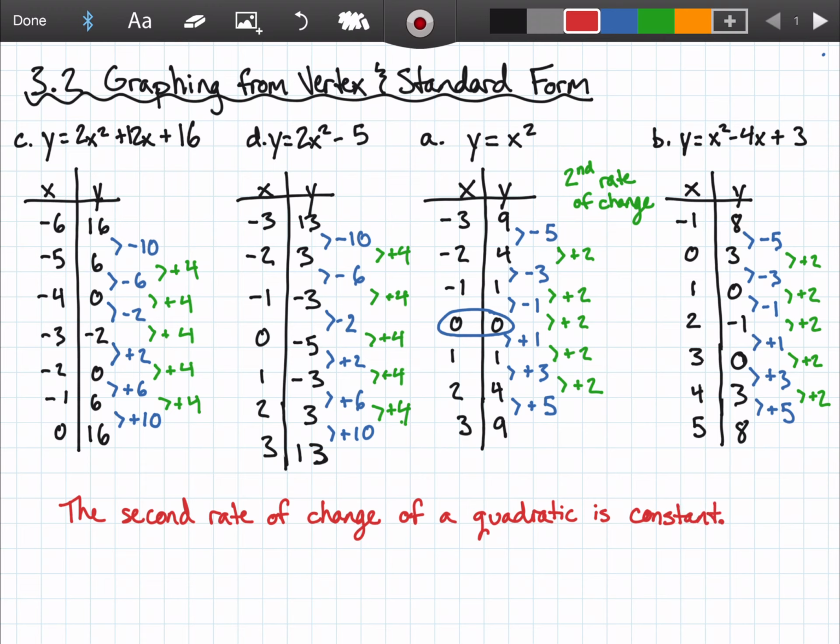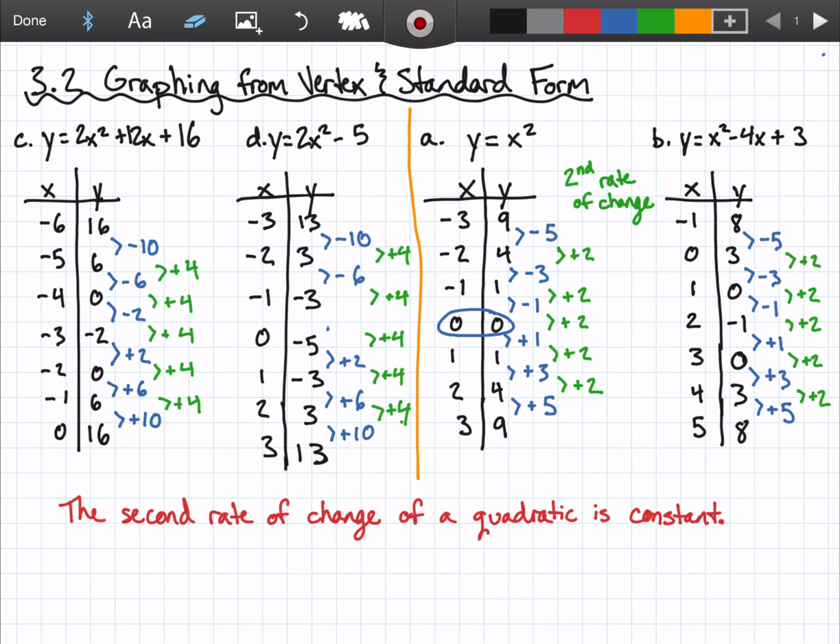Okay, well, something else we can notice here is, let's divide these examples in half for a second. If I'm looking at example A and B, how are C and D different? Or what is the same, what is different? Well, what was the same is that the second rate of change was constant, but they're just different values. So now we have to look, well, why do we think it was different?